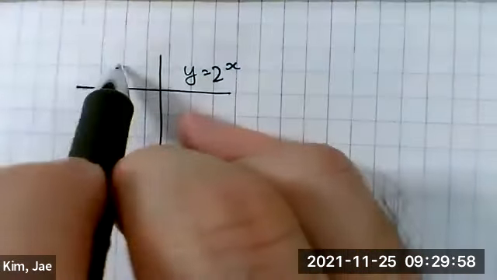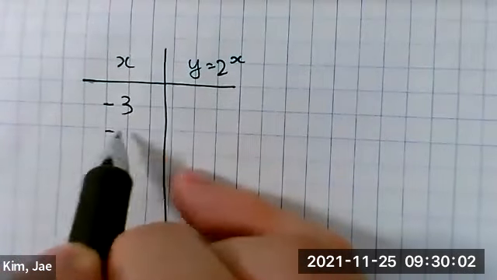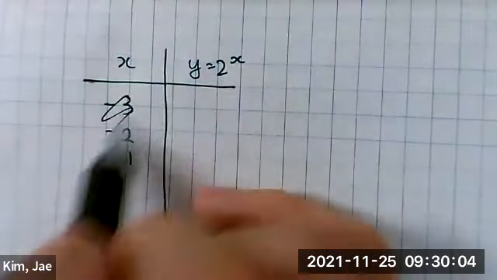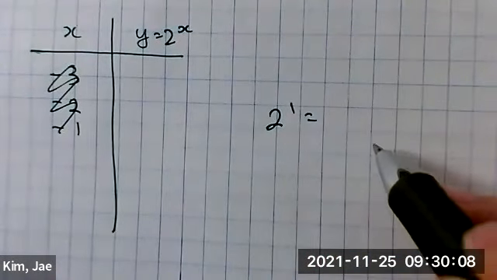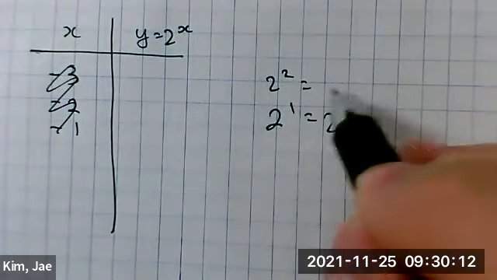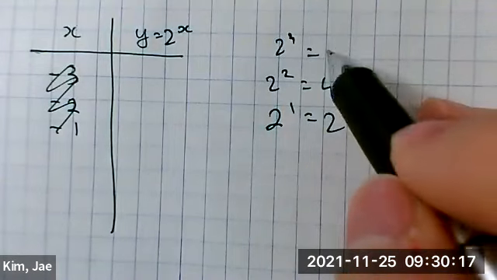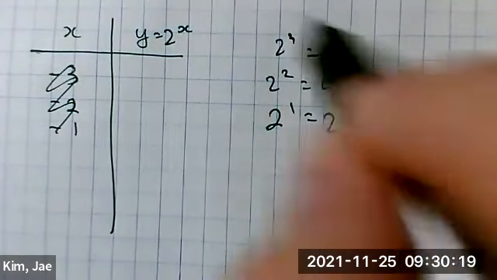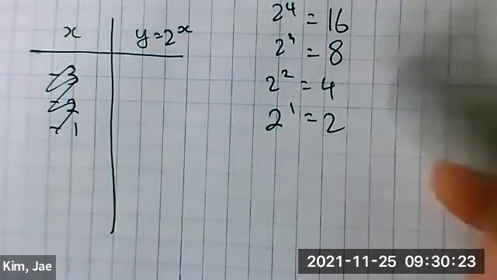This is x: -3, -2, -1. 2 to the power of 1 is 2. 2 to the power of 2 is 4. 2 to the power of 3 is 8. And 2 to the power of 4 is 16.